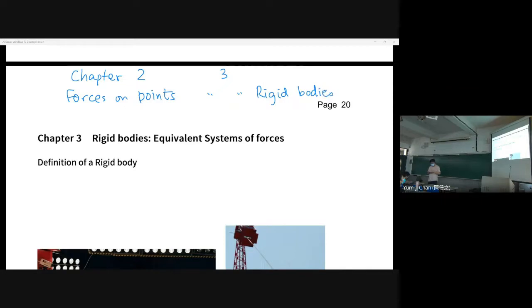Rigid bodies in Chinese is this one. So these are no longer points. We are talking about one thing.